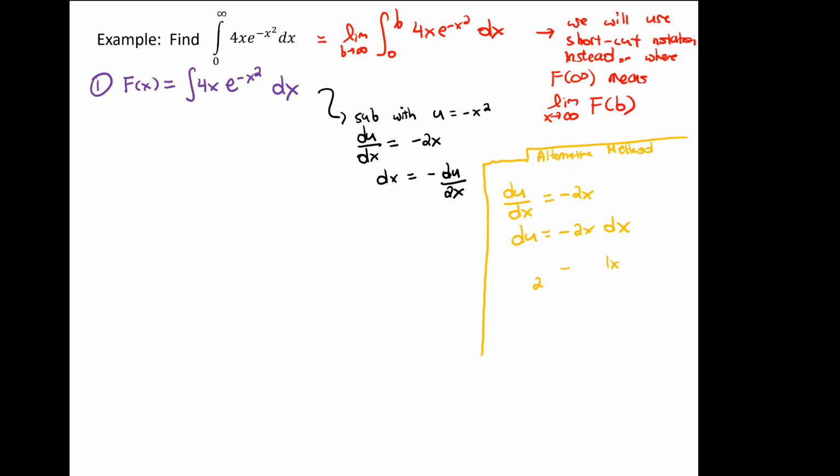So instead of dividing both sides by 2, what if you multiply both sides by negative 2, so you have negative 2 du is equal to 4x dx, and then replace the 4x dx with negative 2 du.